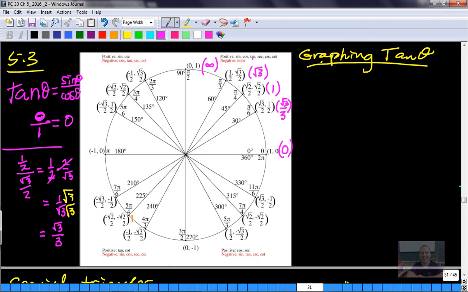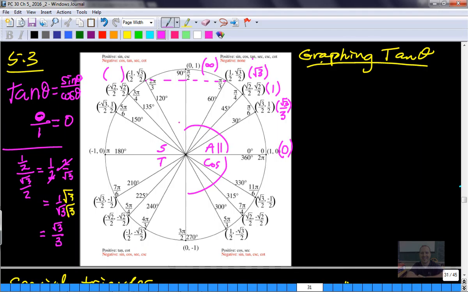As we go around the circle now, and you've already done this work, this becomes pretty easy because all of these values are attached to one another, right? This value and this value. So is this positive or negative over here for tan? Yeah, the CAST rule, if you remember. Cosine is positive in this quadrant.